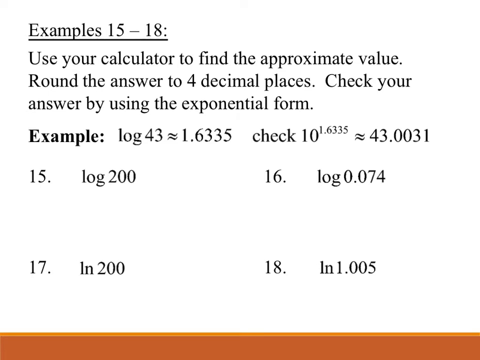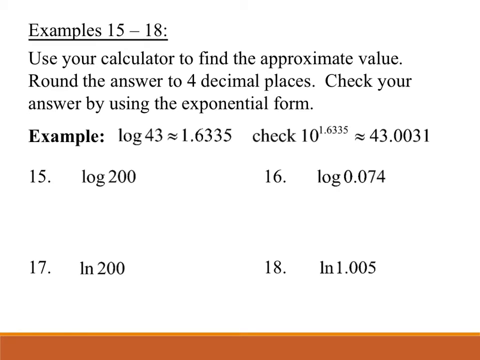43.0031. Luckily, your calculator actually has what's called an answer key down in your right-hand corner. When you press that key, you typically will get the exact answer when you do the anti-log.